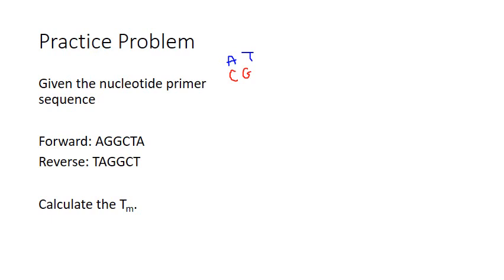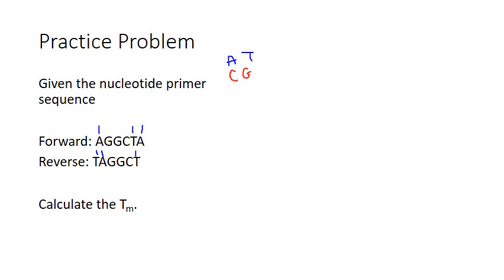All right, so first thing I'm going to do is count up the number of A's and T's I have. I have one A here, a T here, an A there, a T here, an A here, a T here, right? So tally up all that. How many do I have? I have 1, 2, 3, 4, 5, 6.